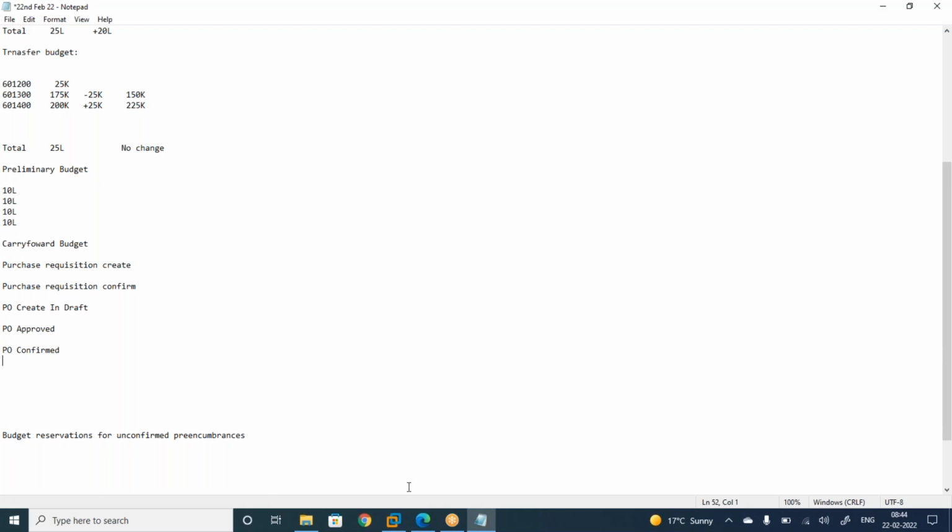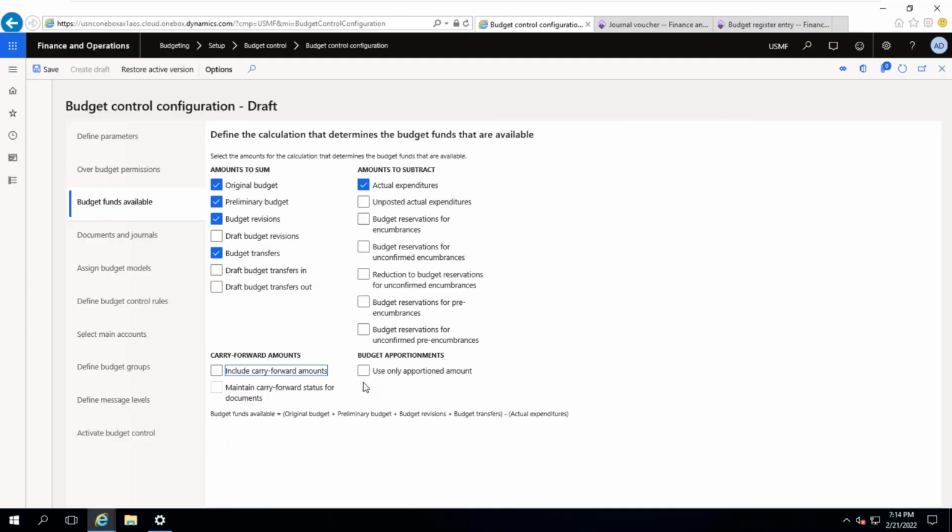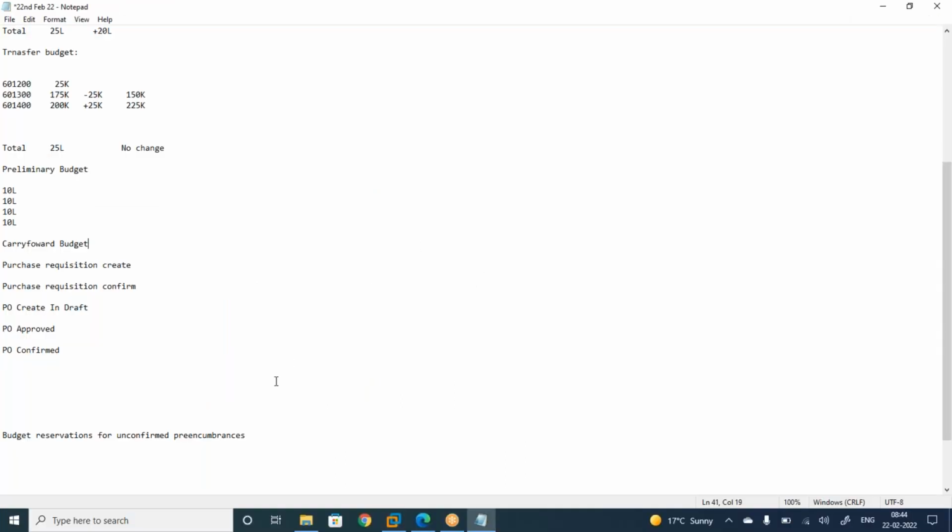Now, this last checkbox, budget reservations for unconfirmed pre-encumbrances, is to verify budget funds availability. One second.